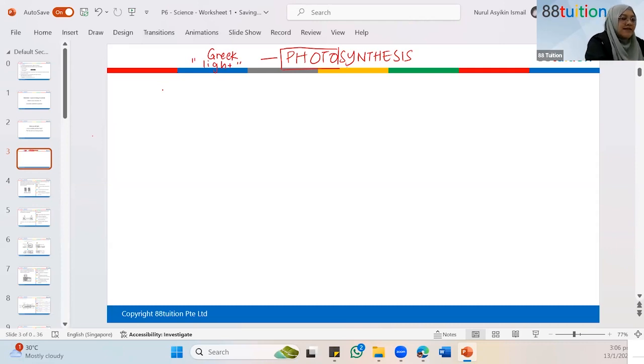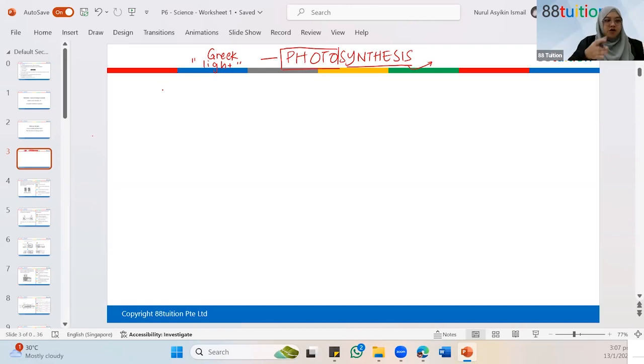And then the word synthesis is actually a common English word. Can anyone offer me the definition of the word synthesis? If you want, raise your hand and I'll give you permission to unmute. What is the meaning of the word synthesis? If you don't want to tell me verbally, you can also type it in the chat.